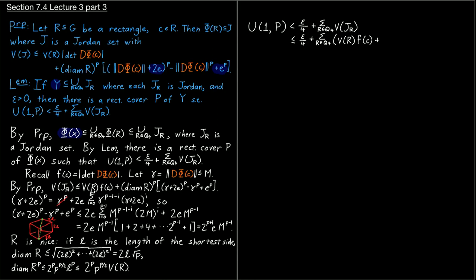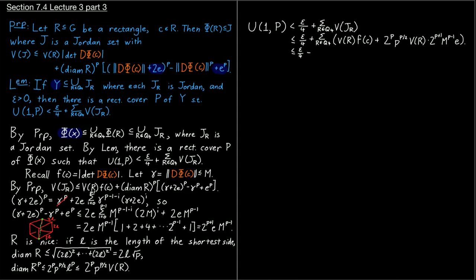Then we've got quite a mess. That diameter of R to the P, that's 2 to the P, P to the P over 2, volume of R. Well, it's less than that, but that's a nice upper bound. We've got a 2 to the P plus 1, M to the P minus 1, and then an E. And then we'll split this sum up into 2 parts.